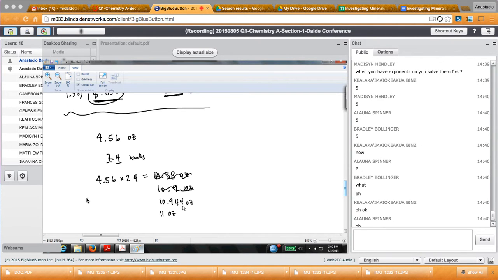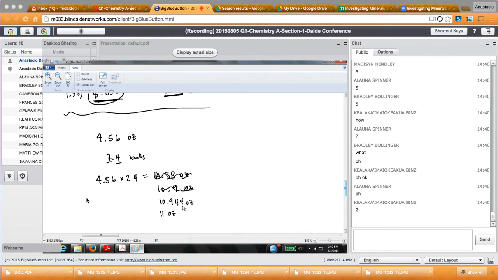Gotcha. How is it that by multiplying these two numbers, my weakest measurement is going to get more accurate to three significant figures? Like how does that even come close to making sense?